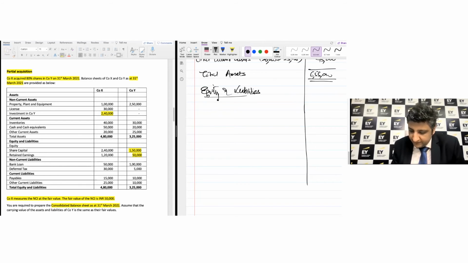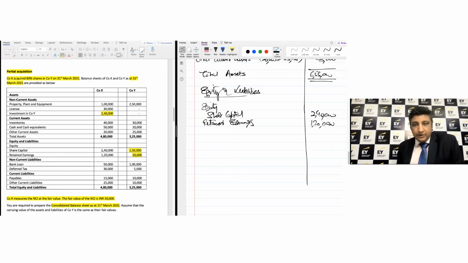On the other hand, we have equity and liabilities. Start with the equity. Parents' share capital, parents' equity at any point in time, 2,40,000. Retained earnings, 1,20,000.